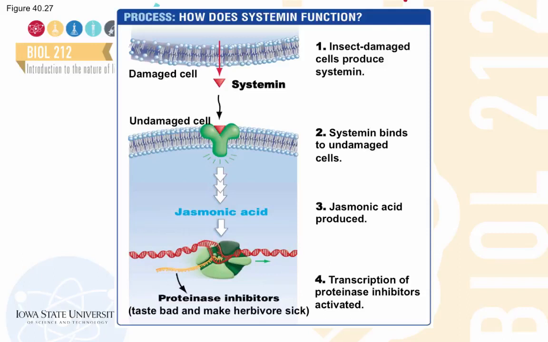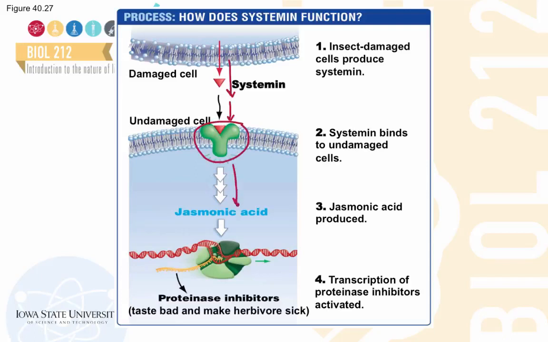This image shows the mechanism of function of cysteamine. Cells that are damaged by insect consumption release the hormone cysteamine, which travels to distant parts of the plant body and binds to receptors on undamaged cell surfaces.